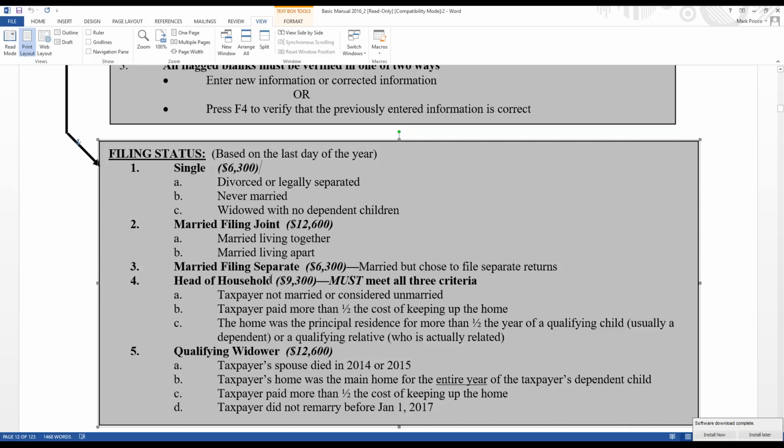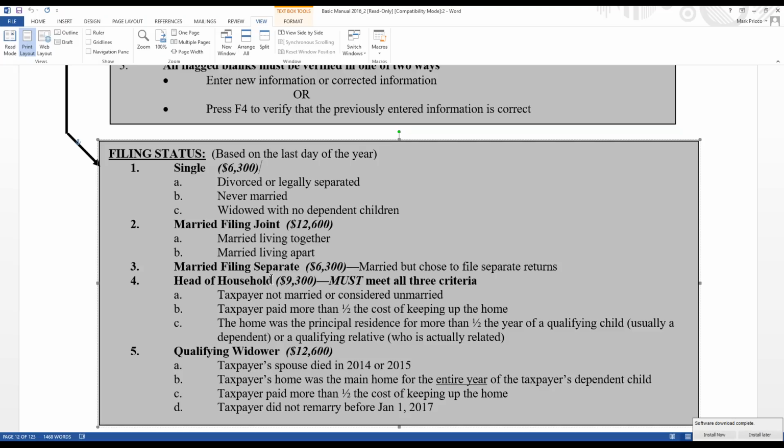I'm married, but I'm not living with my spouse for the last 6 months of the year, and typically that means they're probably going to get a divorce or stay separated, and I have to be paying half the upkeep of the house for the whole year, and half the support for a child living with me too. If I meet those requirements, then I will be considered head of household filing status.